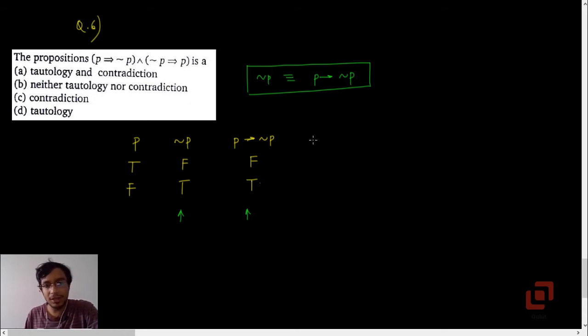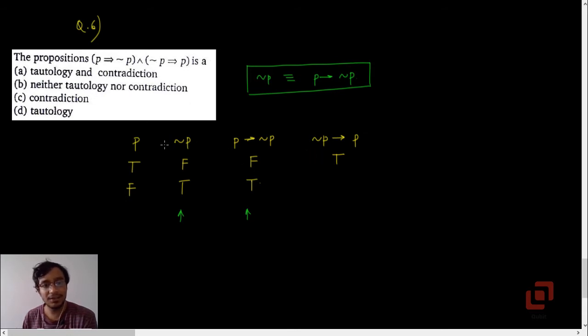Then let's go to negation P implies P. Now for negation P implies P, first it will be true, yes. I think I did not say it correctly, but I wrote it as true.